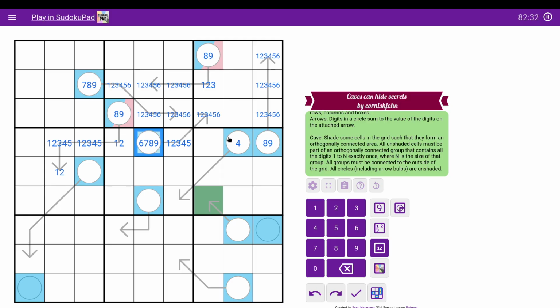We are ages back, 80 minutes into the video, and no secure digit. When I assumed that this is an 8-9 pair, I got a contradiction. So I deduce logically that they must be 9s. They could be 9s and this a 6. Right, right. That was one of the possibilities I considered.